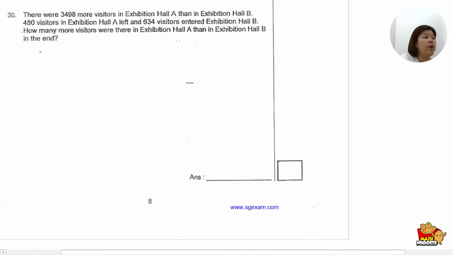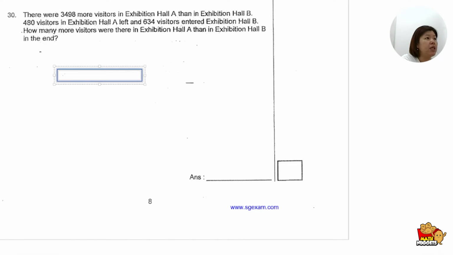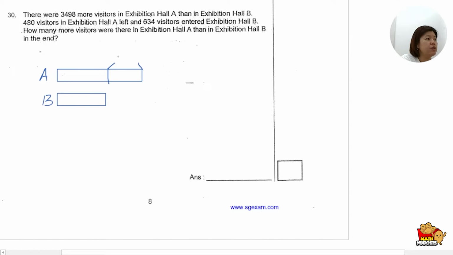Okay, next. There were 3,498 more visitors from exhibition hall A than B. So meaning my A is bigger, longer than my B. And this is 3,498. So 480 visitors in A left.